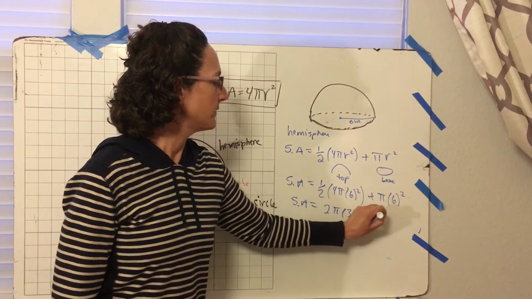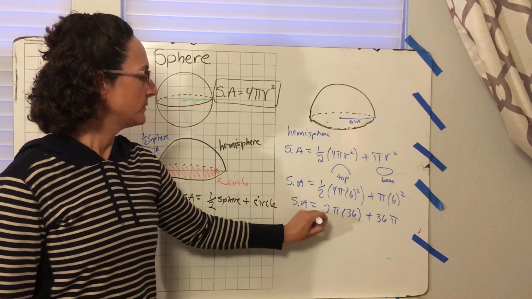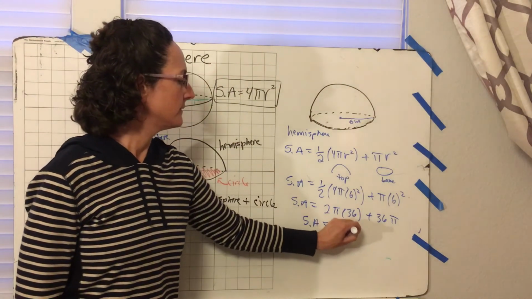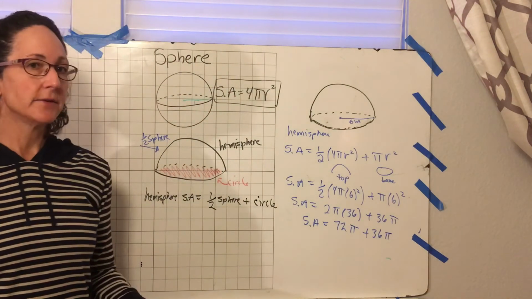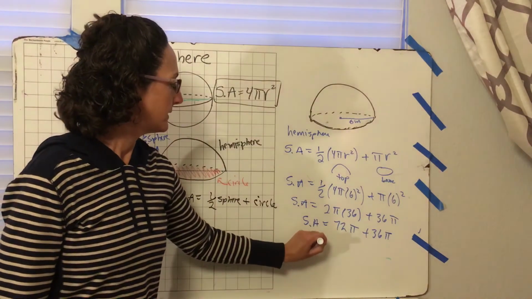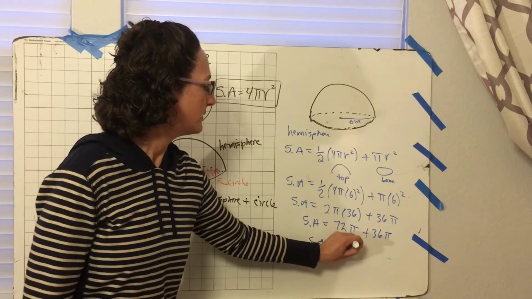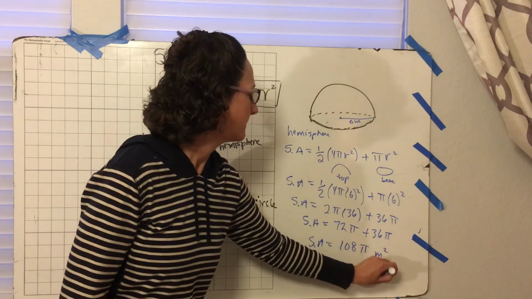And this is another 36. 2 times 36 is 72. Then you simply add those, because they both have a pi in them. So the surface area equals 108 pi meters squared.